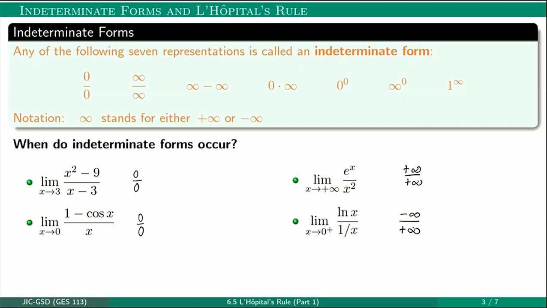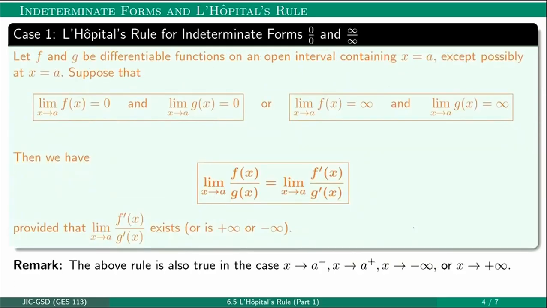So how are we going to deal with these types of indeterminate forms? For this one, we have to have a rule, and we call that rule the L'Hopital's rule.